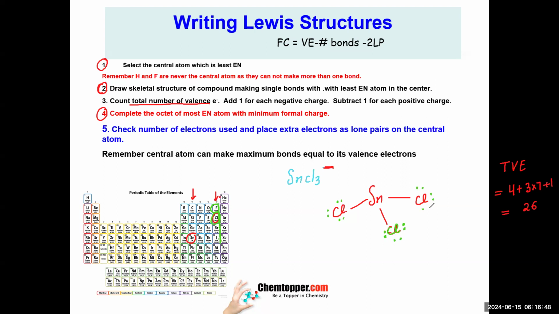Check the formal charges. Chlorine has 7 valence electrons, right? 7. Now 1, 2, 3, 4, 5, 6, 7. 7 minus 7, 0. Okay. Now check how many you have used.